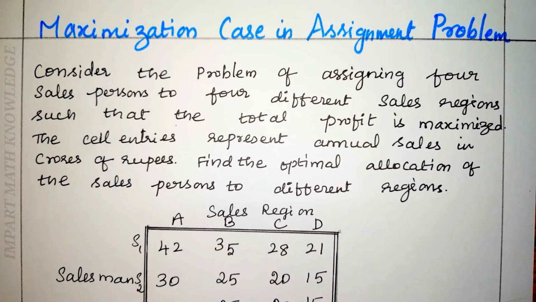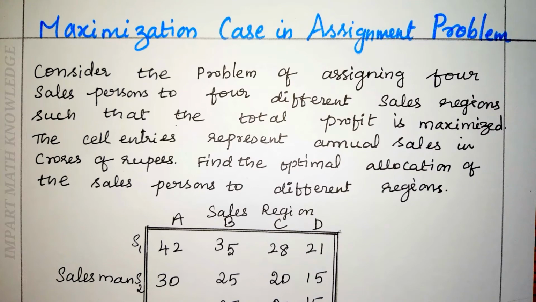In this video, I am going to discuss the maximization case in the assignment problem. Sometimes we are asked to calculate maximum sales or profit. But the assignment problem is possible only for the minimization case.